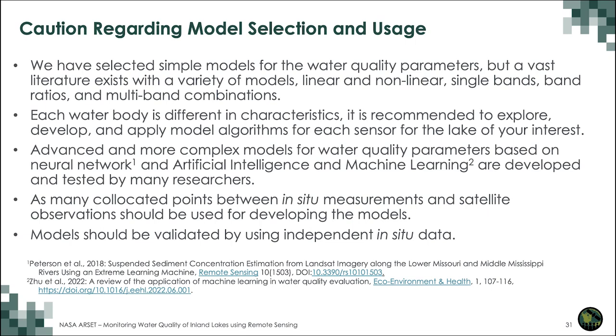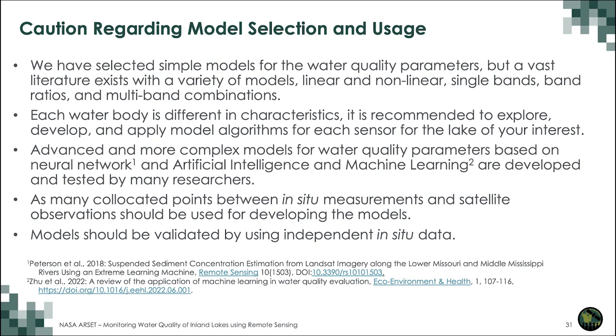Also, as many co-located points between in situ measurements and satellite observation should be used for developing the models. In the demonstration today, we are just going to use limited samples from GLORIA just to demonstrate how to do this. But in practice, you want as many points as you can find when you have satellite and in situ co-located measurements.